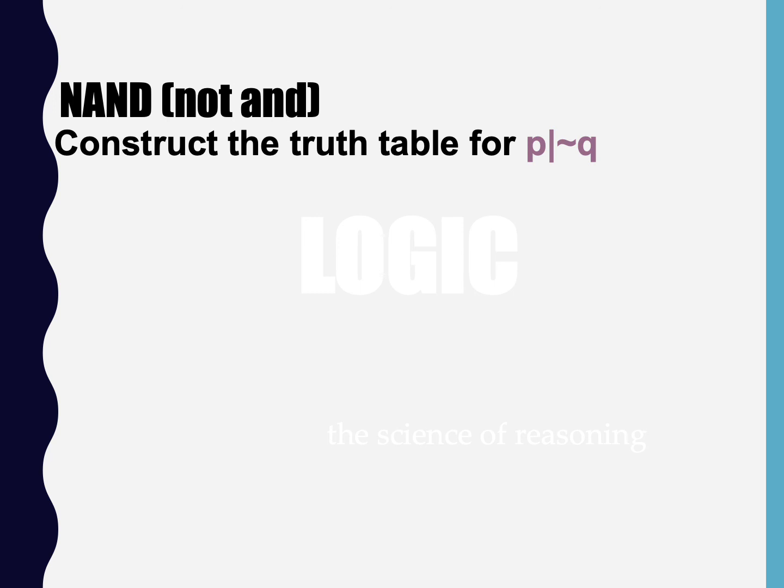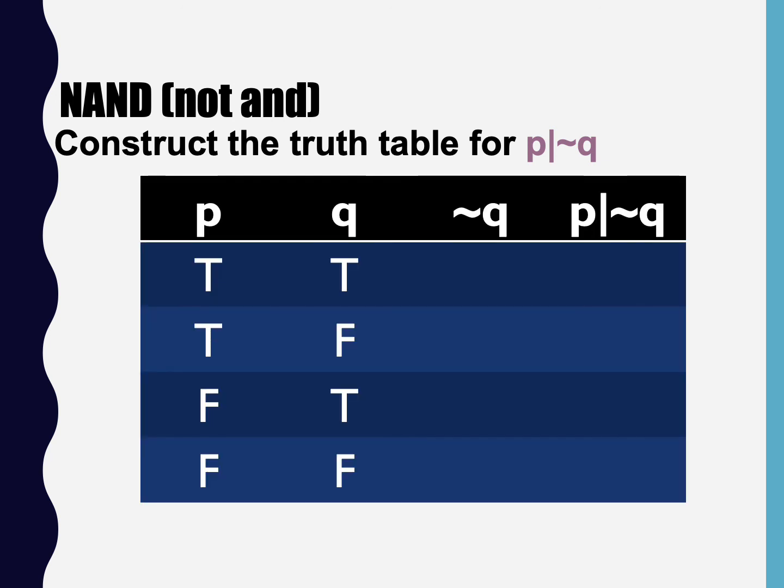Last example, construct the truth table for P NAND not Q. So first, you need to set up the not Q values before getting the NAND truth table values.